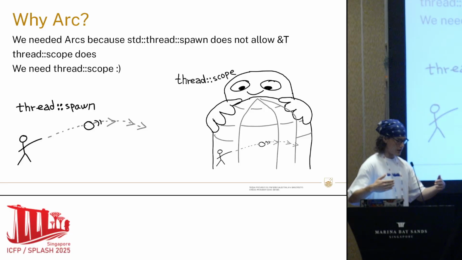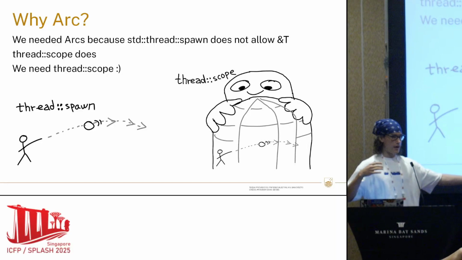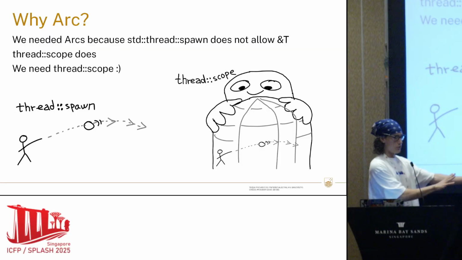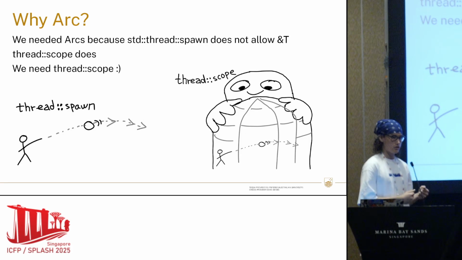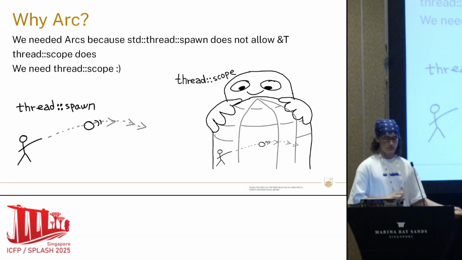And in the second case, because Rust knows the static scope of your thread, it can make sure that all of the data that has been shared with the thread will be shared for a static amount of time. And once the thread terminates, then you can retrieve the data and regain the ownership of that data. But Verus doesn't support thread scope. This is why I had to use atomic reference counters.